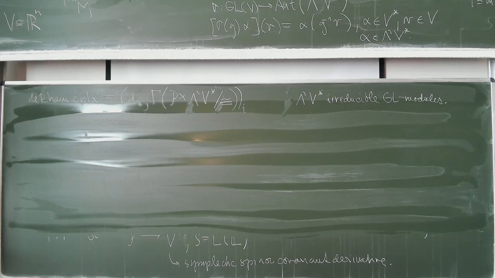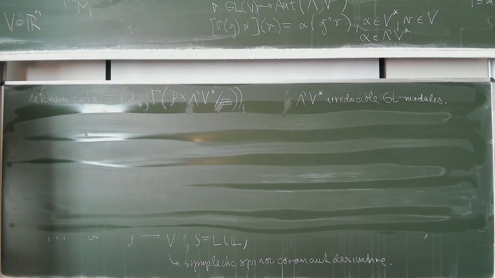They are almost irreducible also for the orthogonal group, except possibly in the middle dimension. If n is 2m, then lambda m is decomposable with respect to SO.